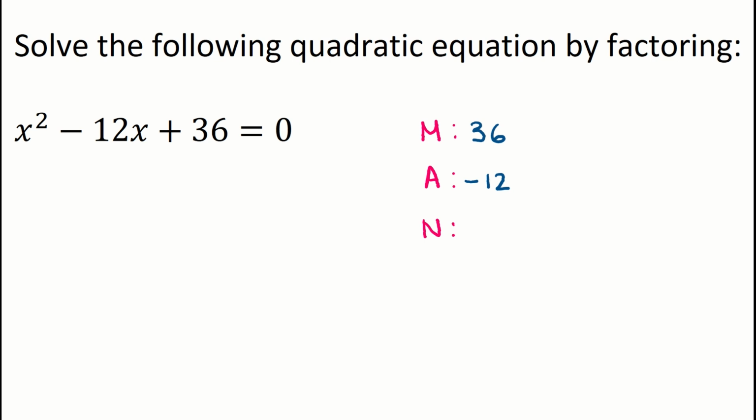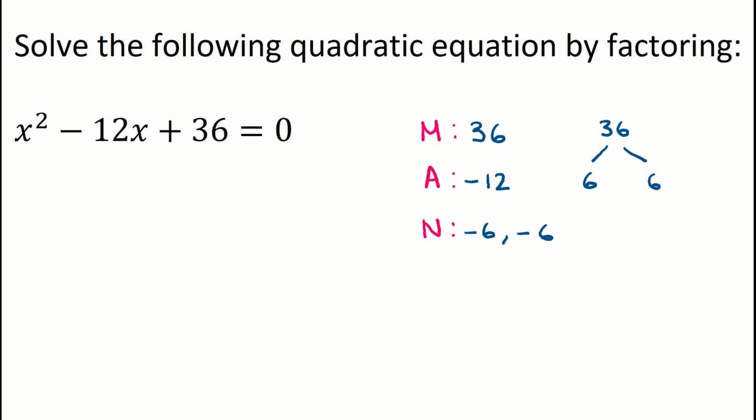And then think about what your numbers are. So we're going to write out the factors of 36. And when I think about two numbers that multiply to 36, I think of 6 and 6. Can we get them to add to negative 12? Yes, if they're both negative. So negative 6 and negative 6.